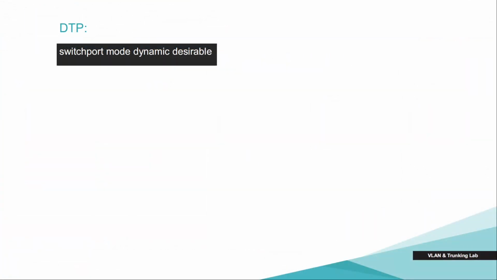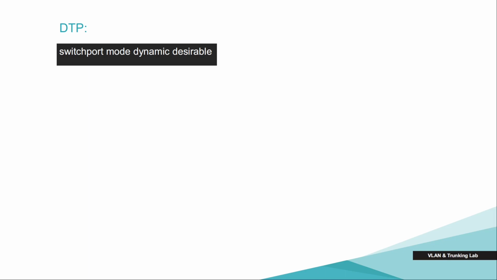The next lab that we have is the DTP lab, Dynamic Trunking Protocol lab. It is very easy to create a trunk port using the Dynamic Trunking Protocol, and it will be only one command, which is switchport mode dynamic desirable.